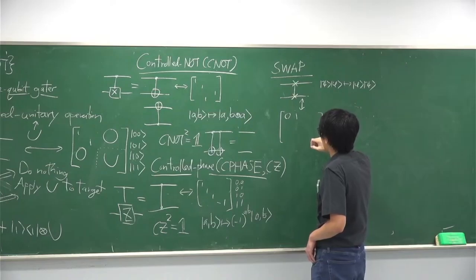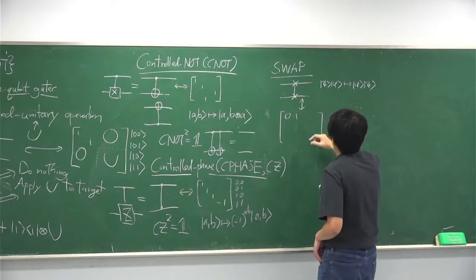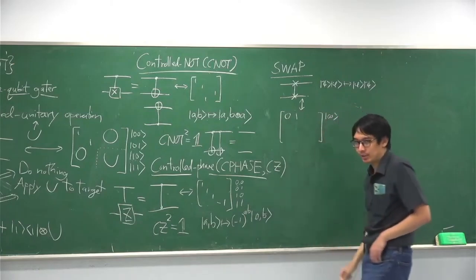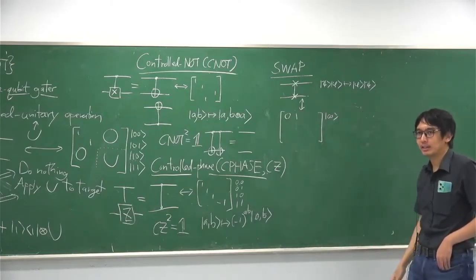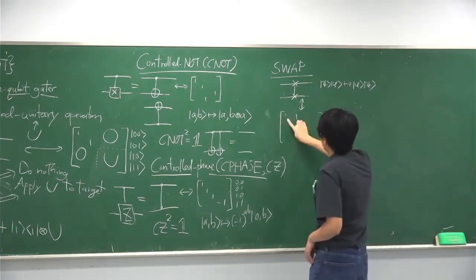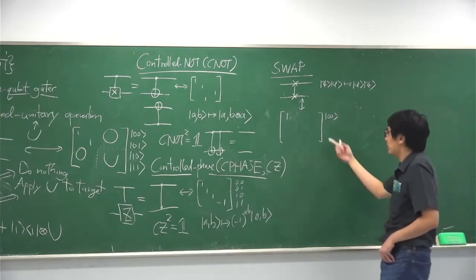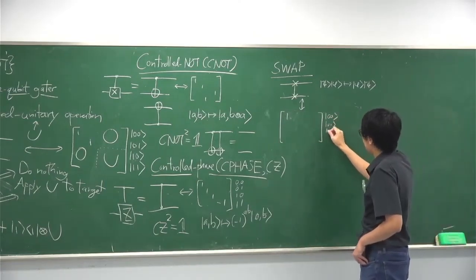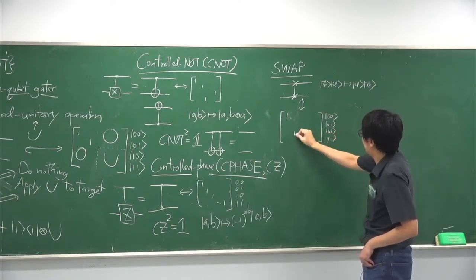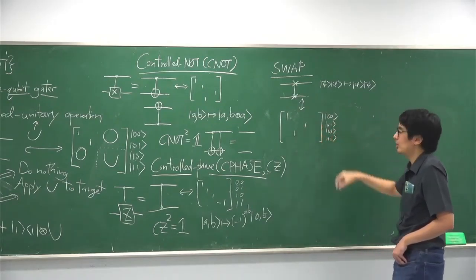Second row, one is first column. Well, you can check, right? Because this is the state 0, 0, so it shouldn't do anything, right? Yeah. So here, maybe you can already see from the way that we label the basis, I just switch the two values here. Okay.